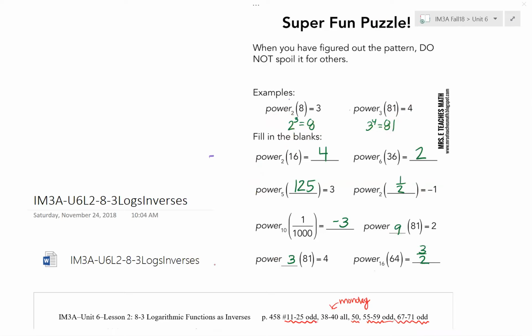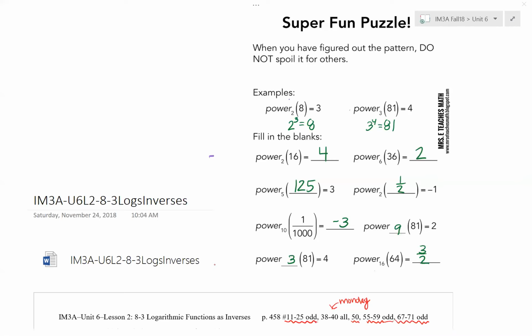And then looking at the last one, I think that you might have had a little bit more trouble, because 16 doesn't have an exact power that equals 64. And so it's 3 over 2 if you really think about the structure of exponents. But for now, if you just got 1.5 by guessing and checking, then that's great.